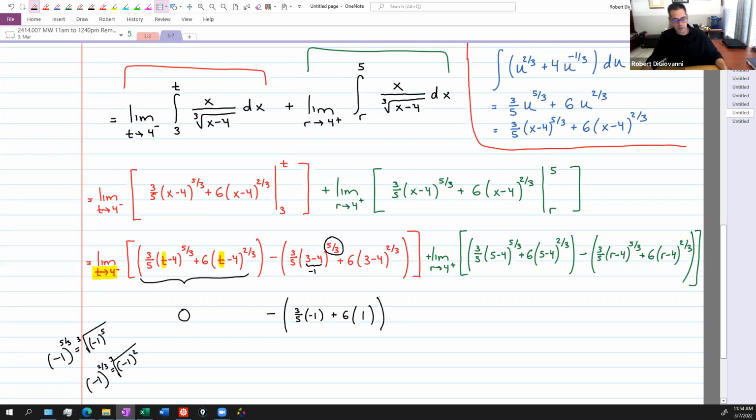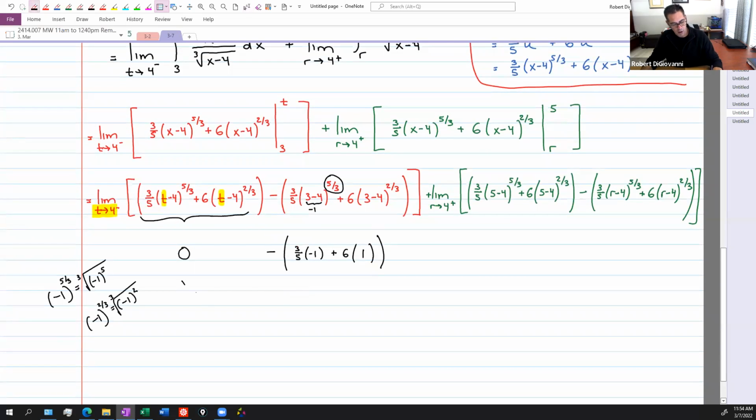Plus, if r goes to 4, all of this again goes to 0, because 4 minus 4 is 0. So all that vanishes to nothing. And then here, thank goodness, this is just 5 minus 4, that's 1, and 1 to any power is 1. So these just turn into 1.